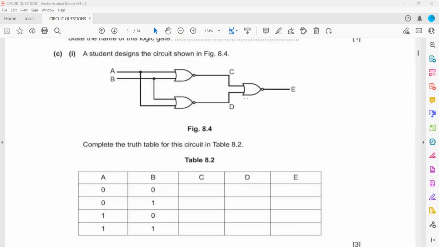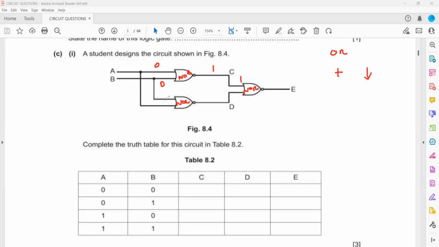Then a student designs the circuits as shown. Complete the truth table. So these are the NOR gates. How do the NOR gates work? It is addition, because OR means first addition and then invert. So if A is 0, B is 0, so 0 plus 0 is 0, then it passes to the inverter, making it 1.